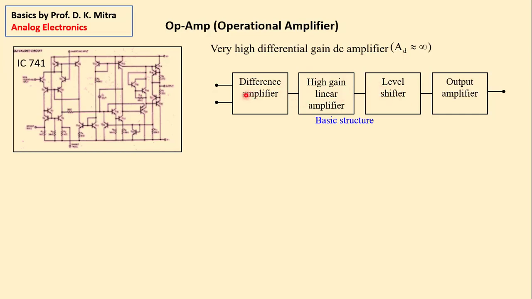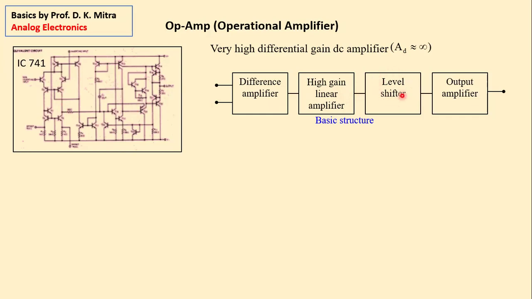Actually, suppose you give 5 volt here and you give 5 volt here. So your difference is 0. The output here should be 0. But due to the design of this circuit, output is not 0. Say output is 1.2 volt. And this shift is known.